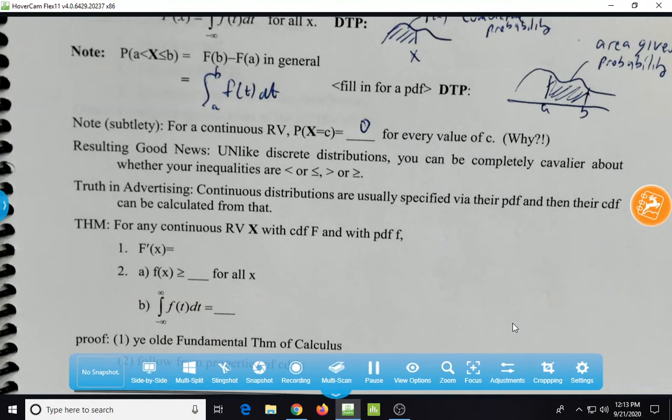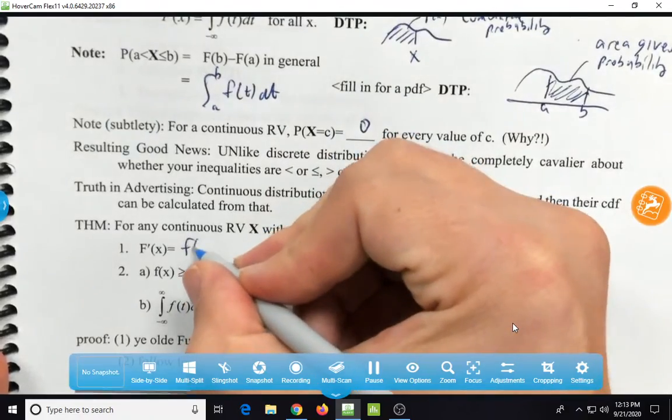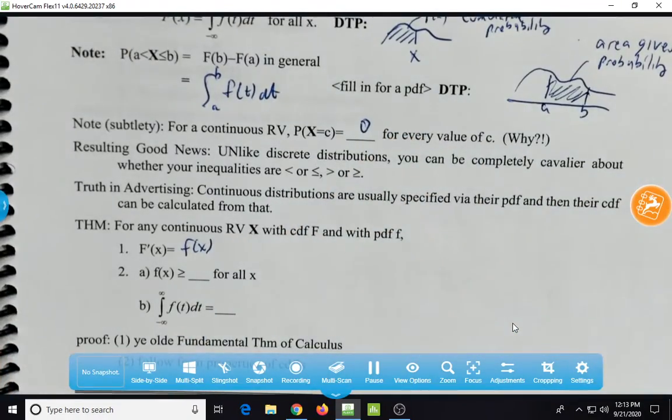First of all, if you have a continuous random variable with a cumulative distribution function F and a probability density function f, then F prime of x will be little f of x. f of x will always be positive or 0.